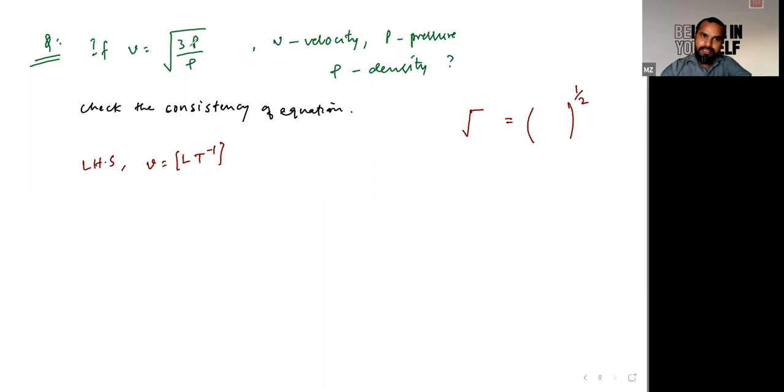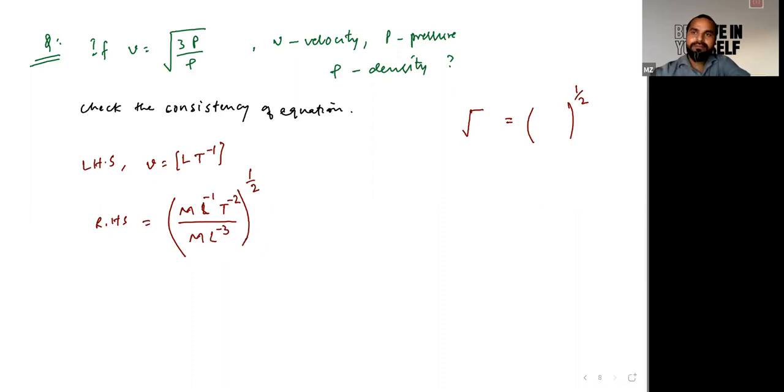Similarly, for solving the right hand side, RHS, we have a square root, so we can write the whole to the power half. 3 is a constant, so we can neglect it. Pressure has dimension ML to the power -1 T to the power -2. Density is mass upon volume, so its dimension would be ML to the power -3.